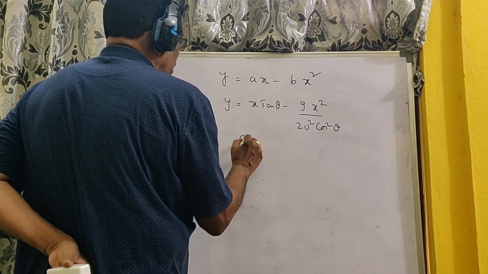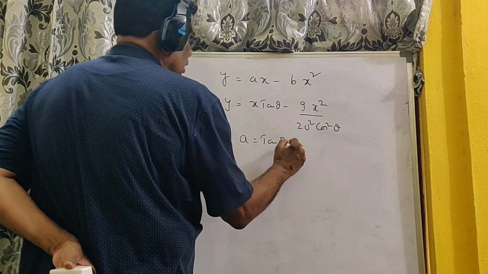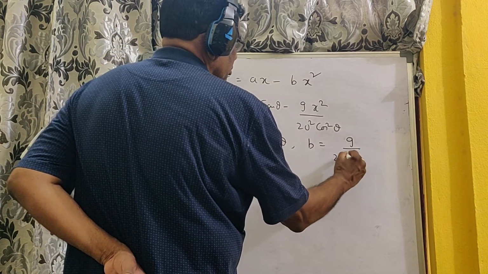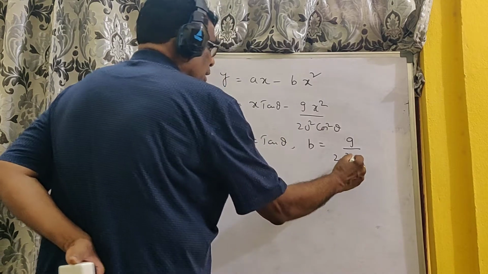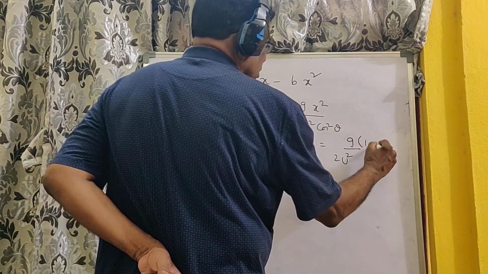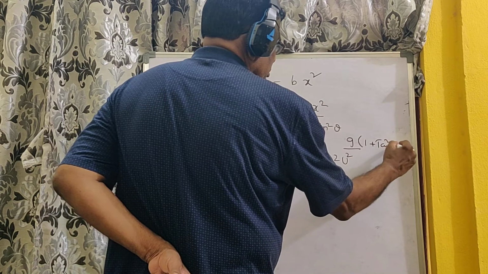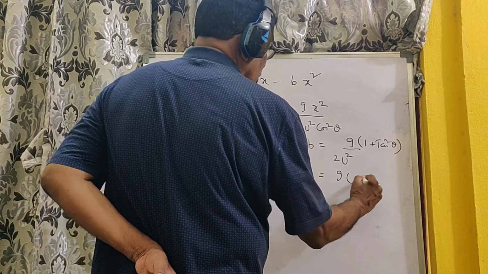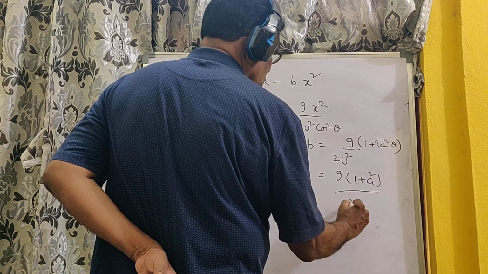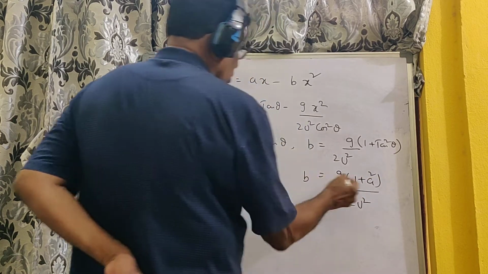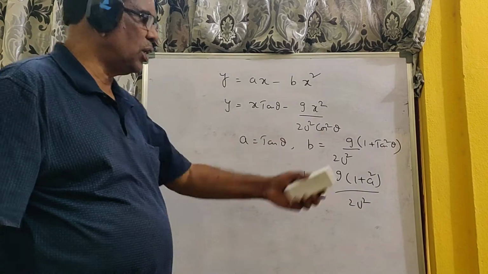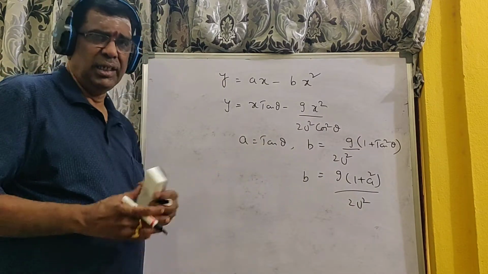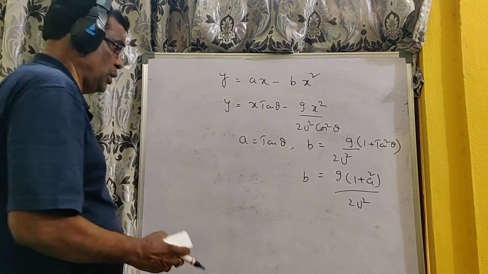So you have to compare and write A is equal to tan theta, B is equal to g by 2u square cos square theta. But cos square is 1 over 1 plus tan square, and tan theta is A, therefore g can be found from this B. So by analogy and comparison, they may ask any problem. You can easily find this out, there is no issue at all.